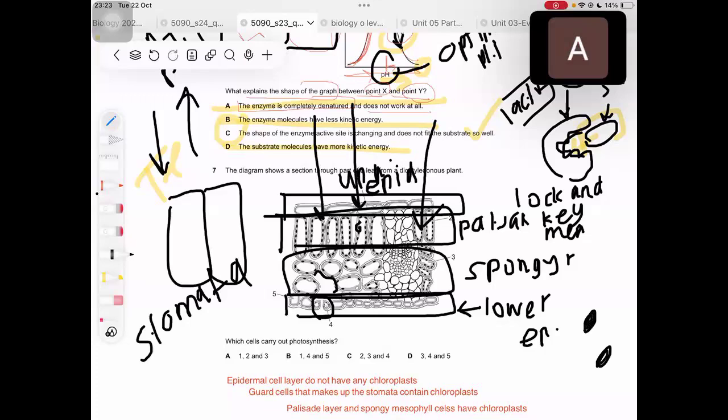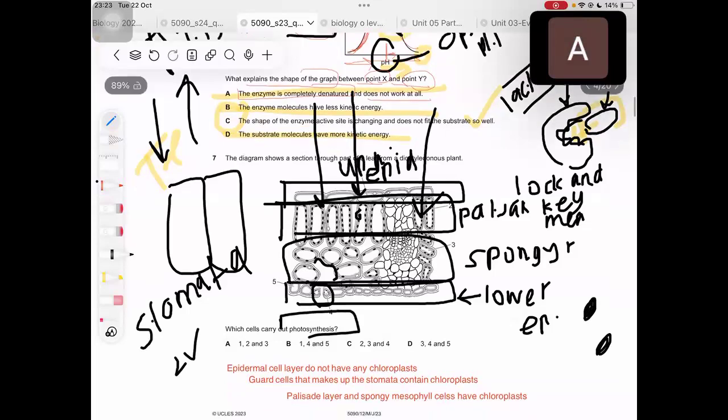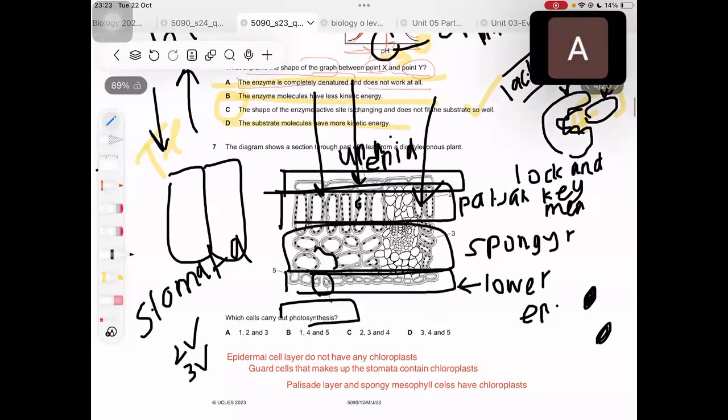In 2, you can see chloroplasts are present. Chloroplast is the site where photosynthesis takes place, right? Therefore, in the palisade mesophyll, chloroplasts are present. In the spongy mesophyll layer also, you can see chloroplasts are present.